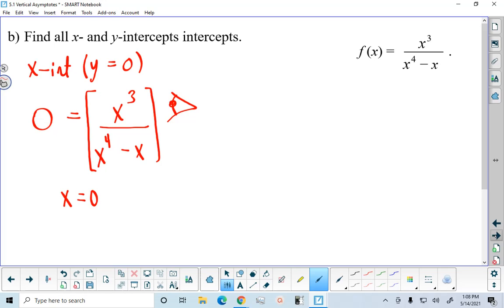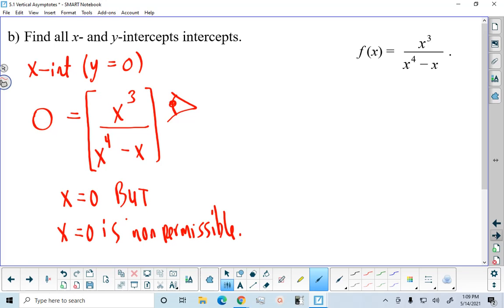X equals 0 is a value in the numerator that will make it 0. However, and this is a tricky one, x equals 0 is non-permissible because there's a factor of x in the denominator.